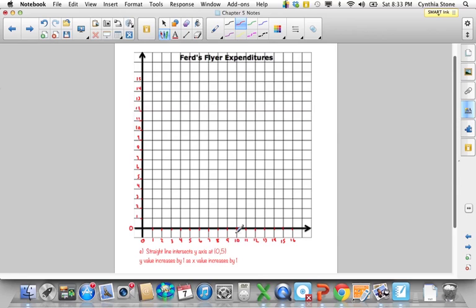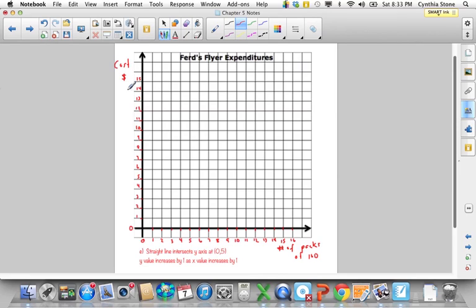The x value is the number of packages of 100. This is like my F, right? And this is total cost.